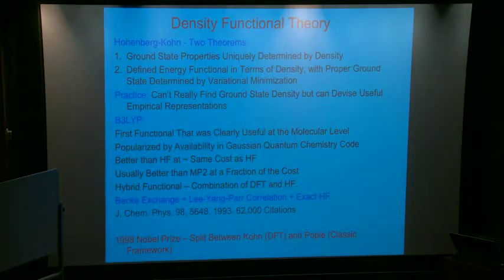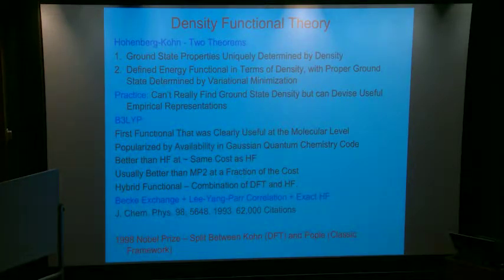And we just want to get the ground energy, because that's really what determines chemistry generally. The ground state properties are uniquely determined by the density. So if we focus on the density, we can, in principle, get the right answer, just like we get the right answer when we focus on the wave function. And then they went ahead and defined the energy functional in terms of the density and showed how you could variationally minimize this functional to try and get that energy.